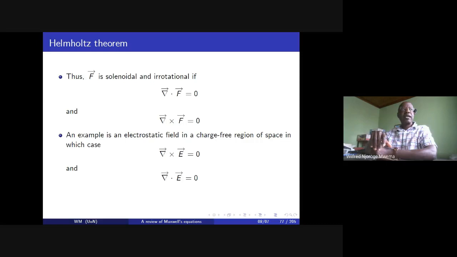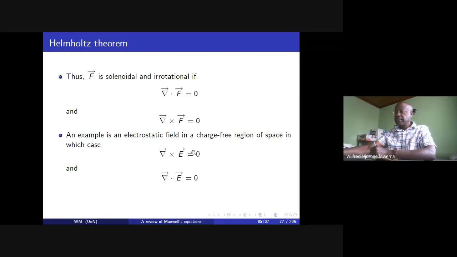That is, we are looking at a dielectric that is lossless and doesn't have free charge carriers, and therefore when we take its curl, we are going to get a 0 because the field does not change with position, and second, its divergence is also going to be equal to 0.